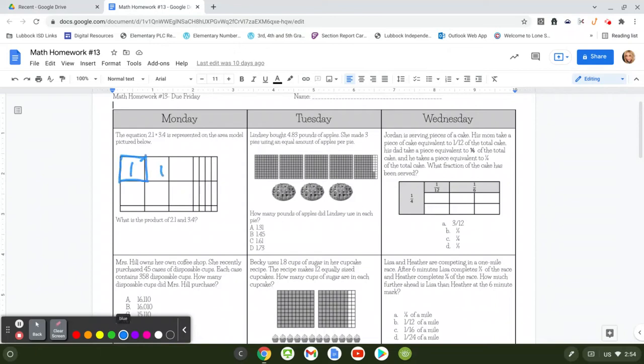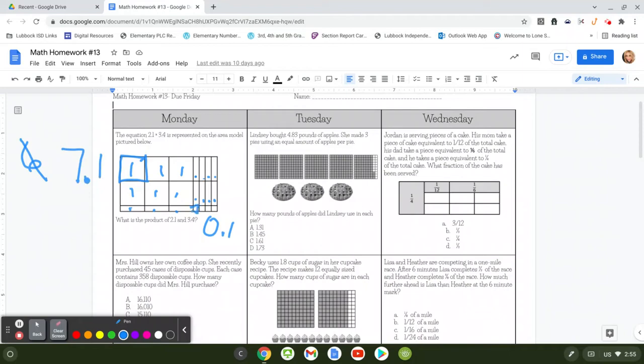So I can see I have 1, 2, 3, 4, 5, 6 wholes. I know that one of these is a 1/10. So I could count 1, 2, 3, 4, 5, 6, 7, 8, 9, 10. Oh, that makes a whole. And then here's one more. 7 and 1/10 is what I'm at right now.